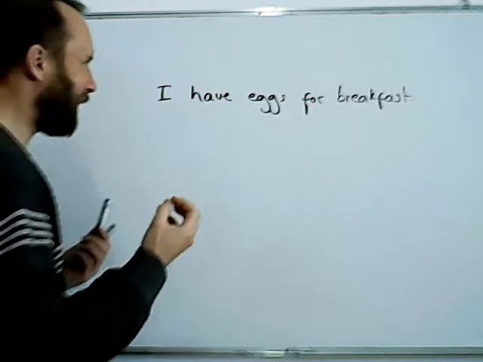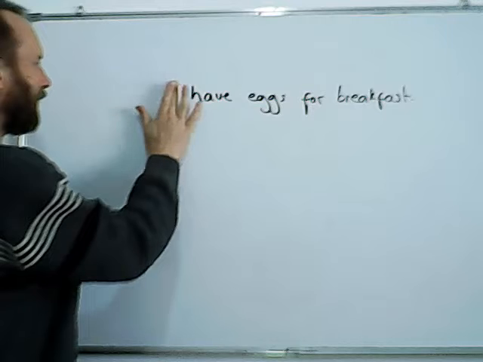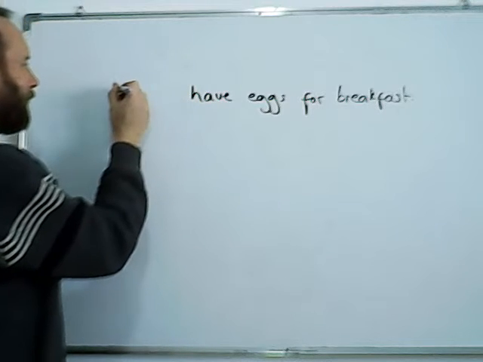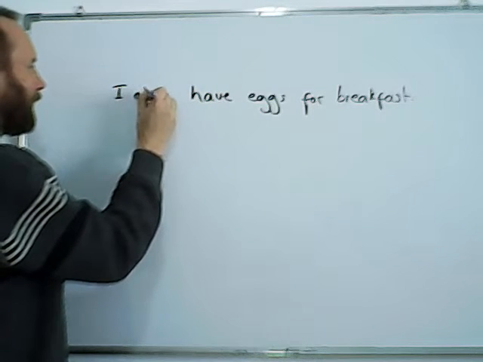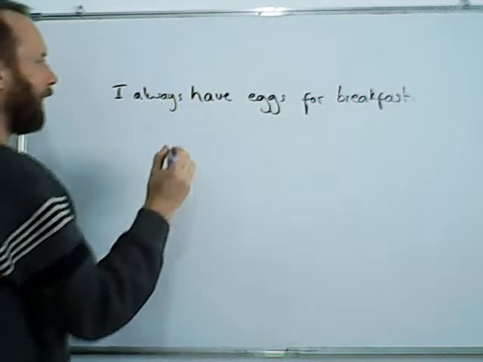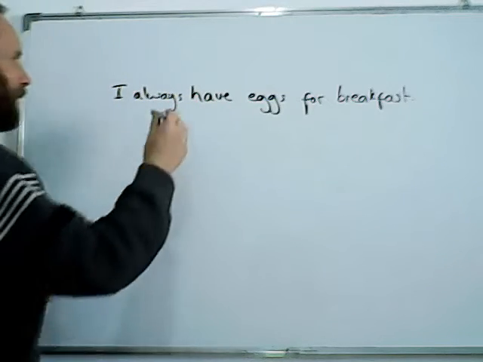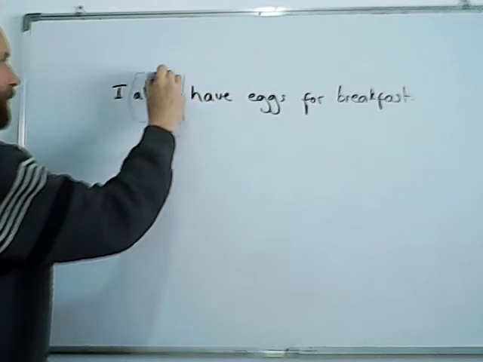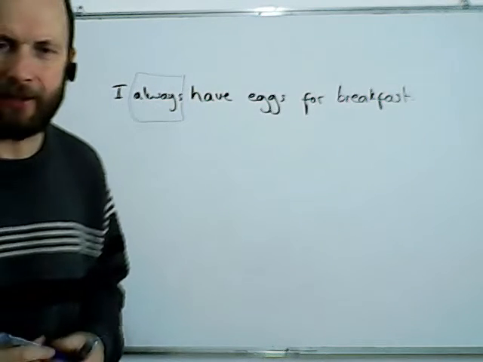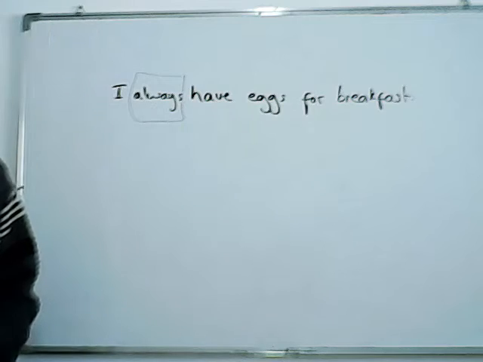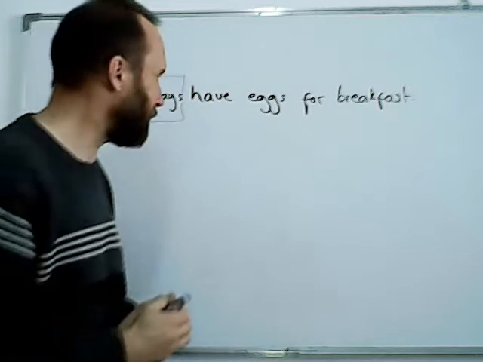But if I use an adverb of frequency, I can say I always have eggs for breakfast, okay? And this here is an adverb of frequency. It tells us how often something happens.